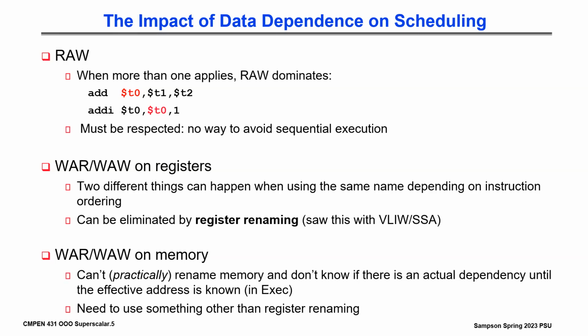Now, what we haven't talked about too much yet, and what will continue to be a bit of a challenge: single static assignment or something like it will help with WAR and WAW on registers. Doesn't really play out the same way with memory. All right, so think about it from this perspective.